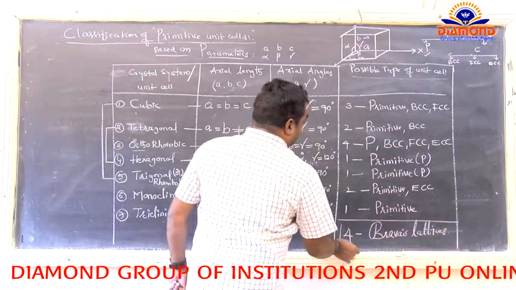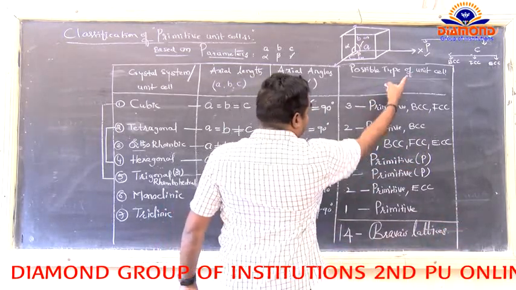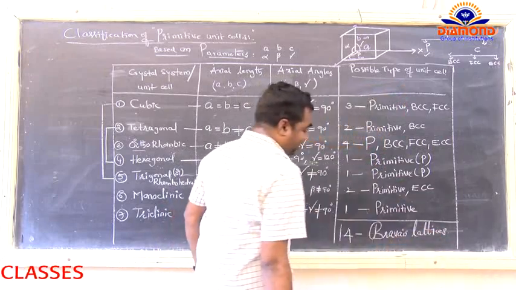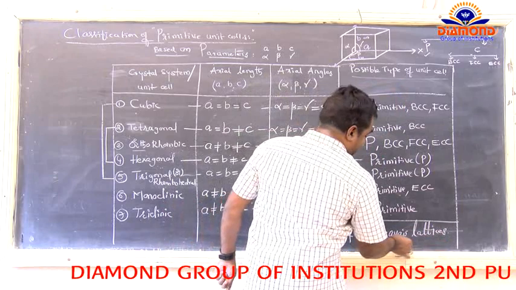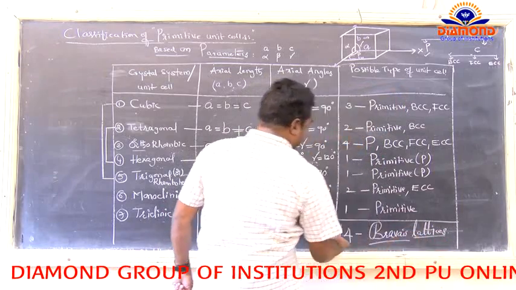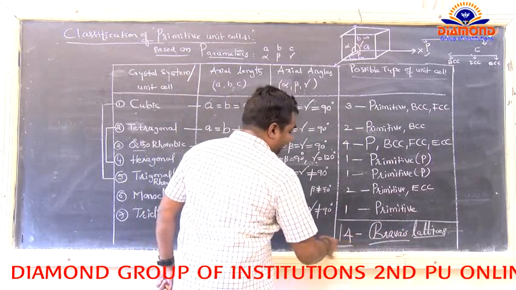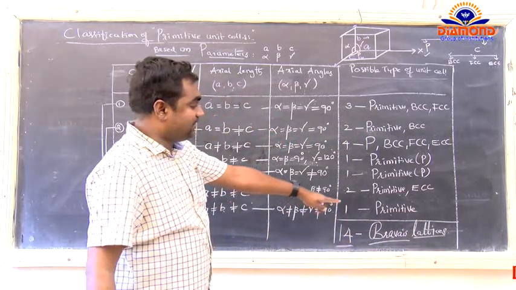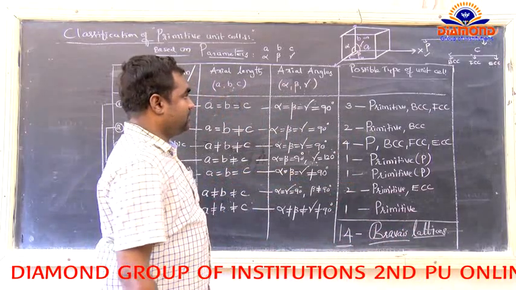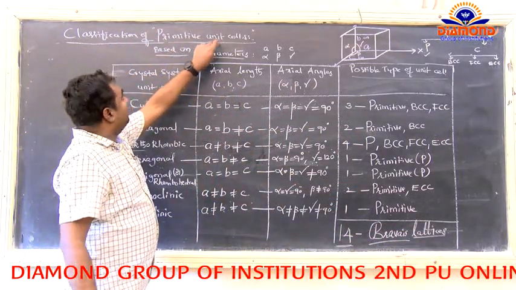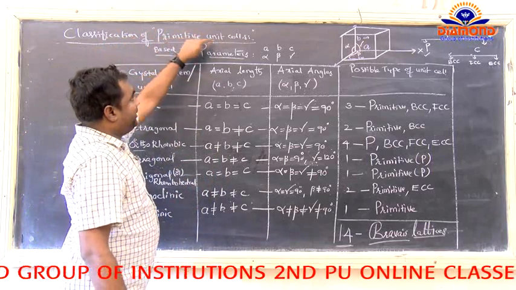There are 14 possible types of unit cells that belong to the Bravais lattices. So the total, how many Bravais lattices are there? The total is 14 Bravais lattices. It is the classification of primitive units.